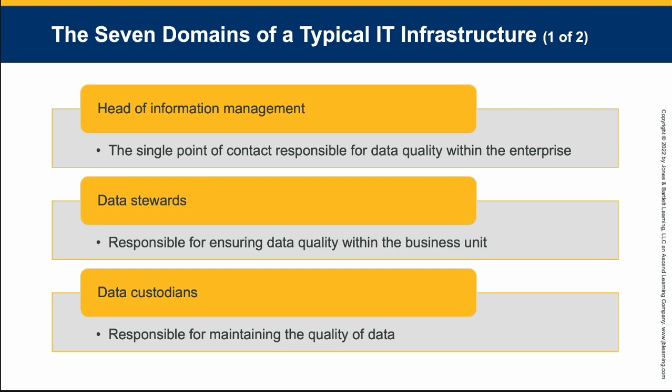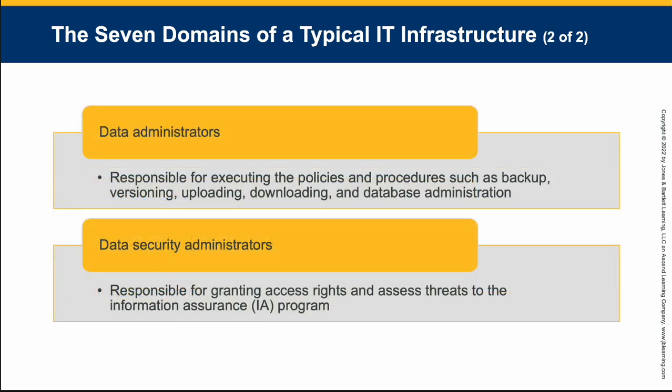Could be security, quality, data mining, data custody. This is basically maintaining the quality of data. Also data administration, backing up, downloading, administration, and also security, the data security administrator, granting access, assessing threats.